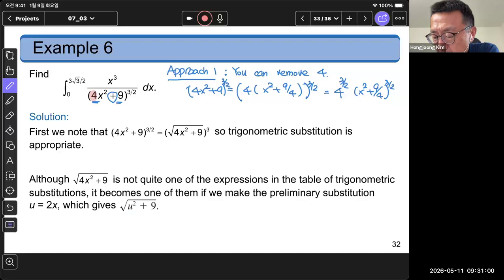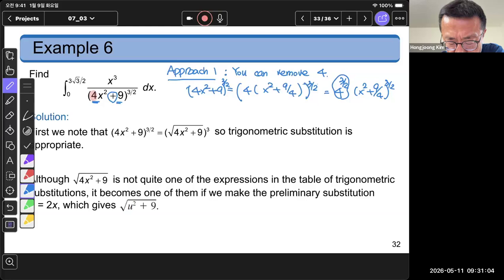Okay. And what is 4 to the 3/2? 4 is 2 squared. So if I take the 3/2 power, you get 2 to the 3, which is 8. Right?